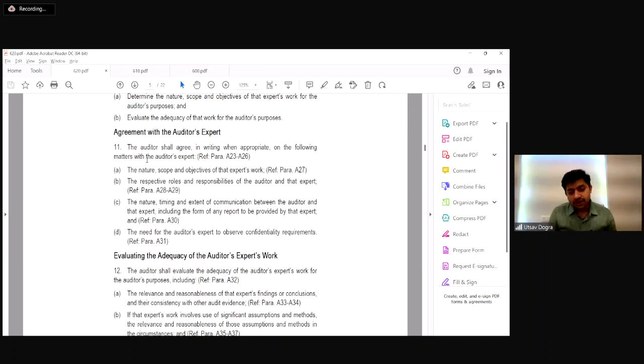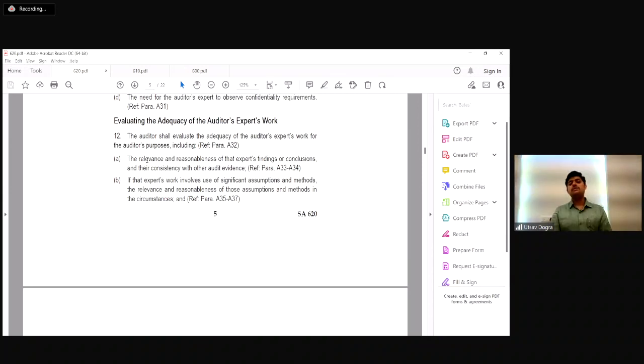The auditor can prescribe the form in which this particular audit report must be submitted, or say this particular questionnaire must be filled in, and the data must be given. When we talk about other auditors, the working papers of the other auditor can be seen but cannot be obtained. However, in the case of the auditor's expert, the working papers can be seen and can be obtained as well. This is the basic difference between the auditor's expert and the other auditors.